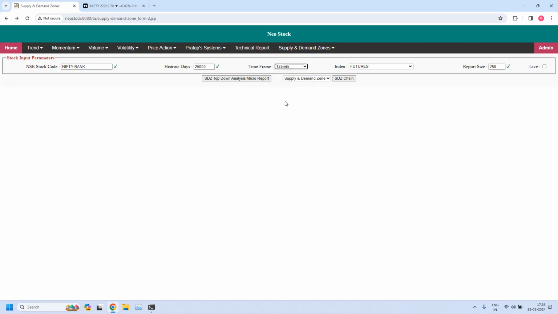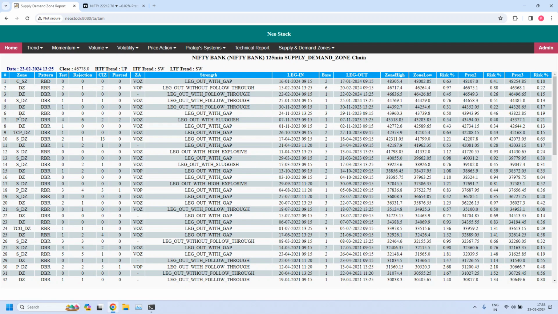Now let me go back, change the time frame. Now let me generate the 125 minutes chain. So the immediately available demand zones, and we have only one immediate supply zone.